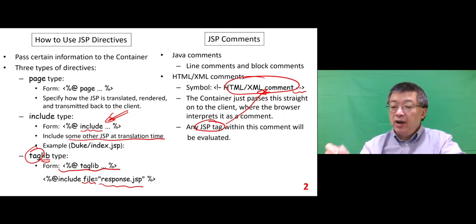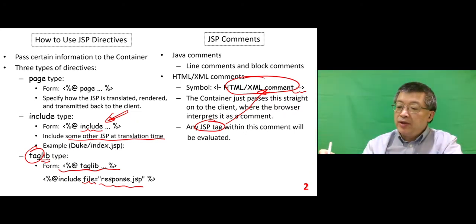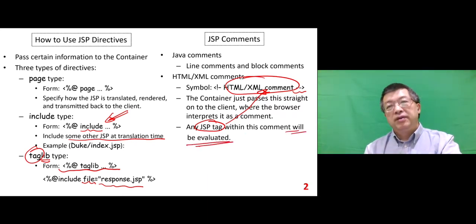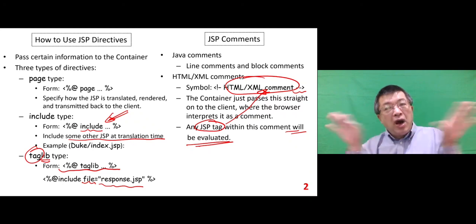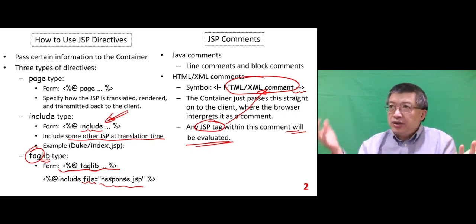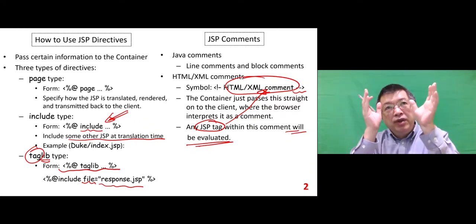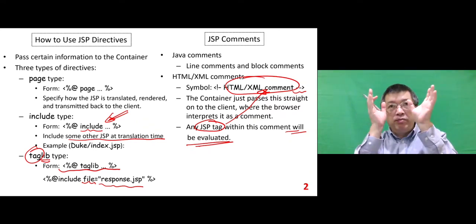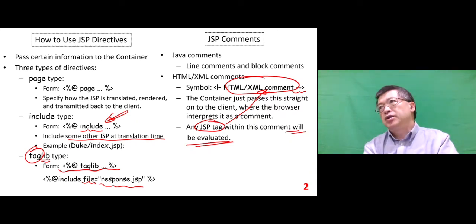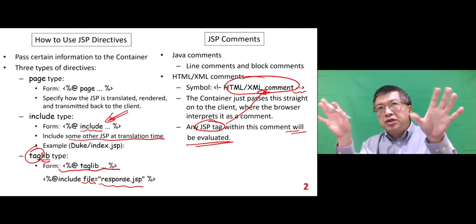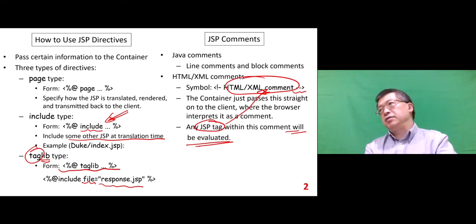If you put them there, any JSP tag within this comment will be evaluated, doing the regular processing, the translation. After the evaluation, some new values will be put there.